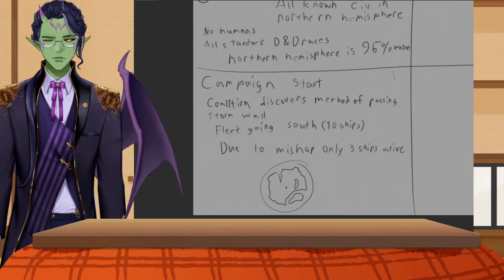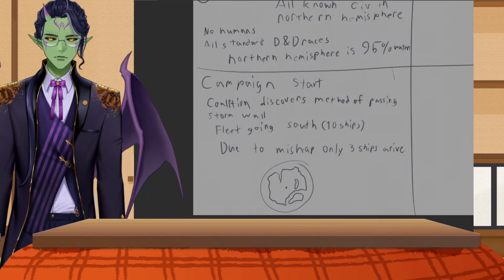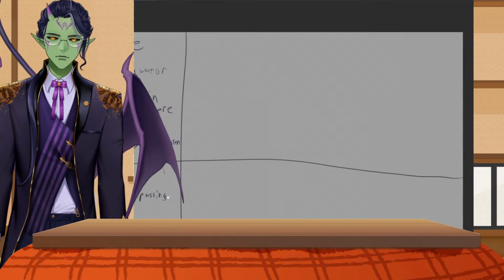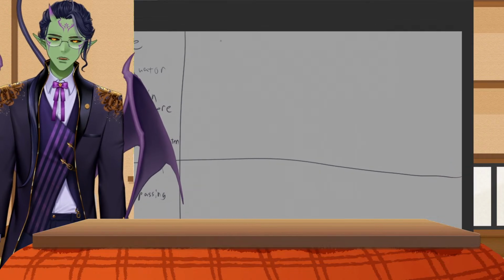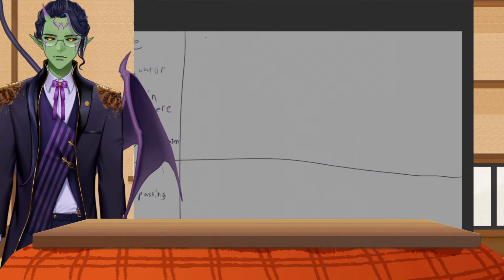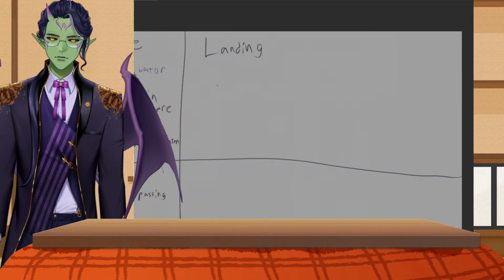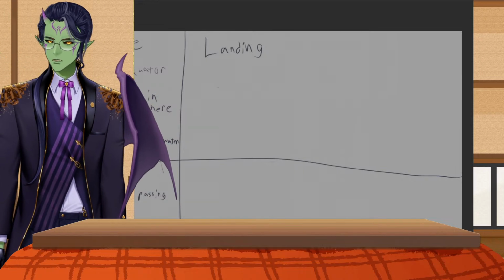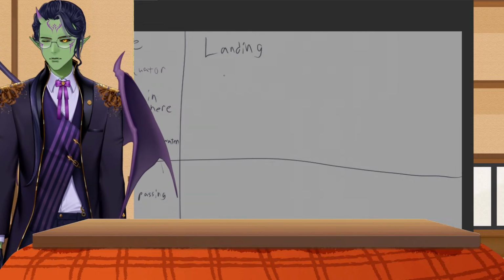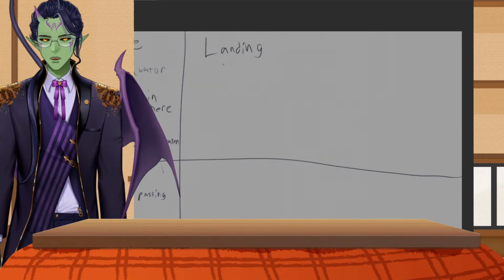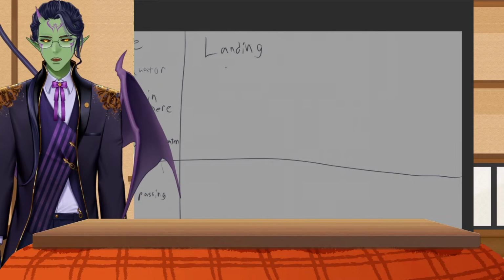Because that requires actual hard world building, and I've done most of this in my head. So, the idea: only 3 ships arrive. Then we have the landing. So we have 3 ships arrive, and you cannot expect any backup from the Northern Coalitions for 10 years.